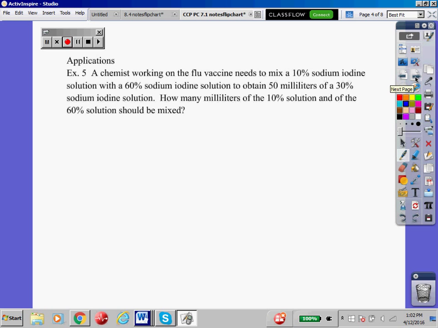So here's what I like to do. You're going to take a 10% with a 60%, and you want to make a 30% solution. So I don't know how many liters of each, except I do know there's 50 milliliters of the 30%.